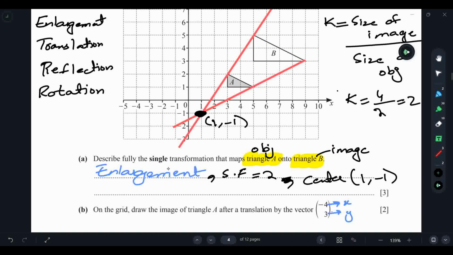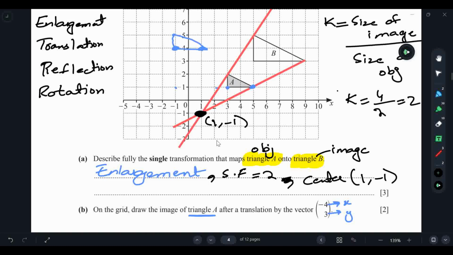We need to draw the image translation of triangle A. So let me draw the corresponding point: 1, 2, 3, 4 units toward the left side, and then 3 units upward. Then for this one, 1, 2, 3, 4, and 1, 2, 3. So finally we can say that this will be the shape.